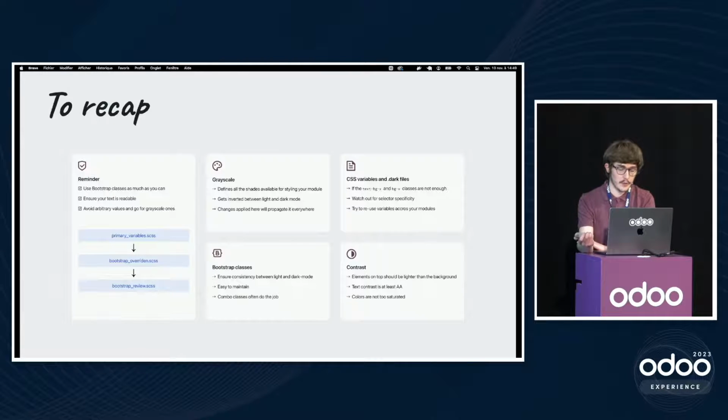This is quite obvious, but avoid using a text color that is very similar to the background one. Avoid arbitrary values. I talk about keeping things standard. You should use the grayscale variables we provide because these are defined within Odoo, so you don't have to implement anything else, and it works out of the box.